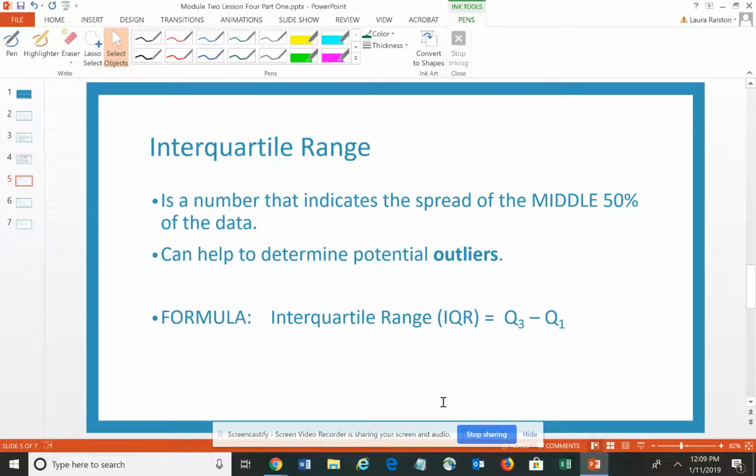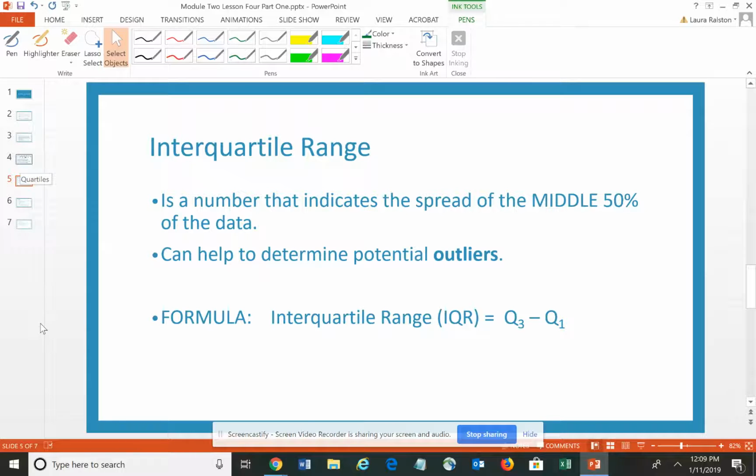Now, your calculator and the website will calculate this for you, but to calculate the interquartile range, also shortened to IQR, you take the third quartile minus the first quartile.